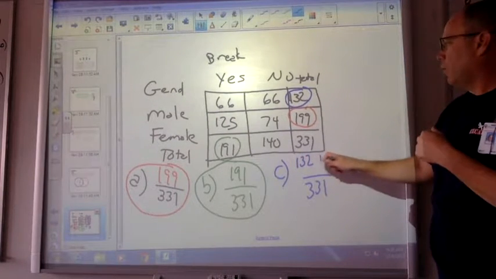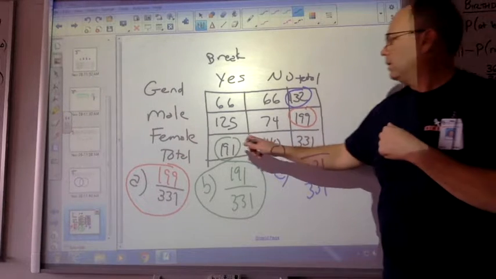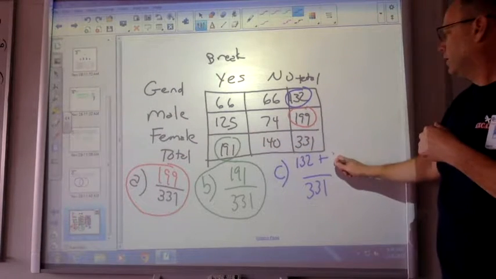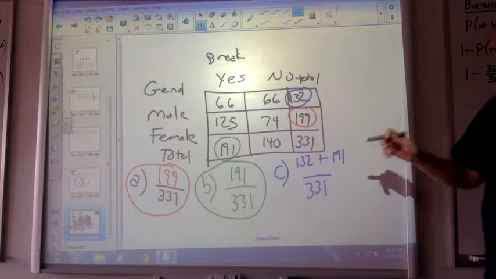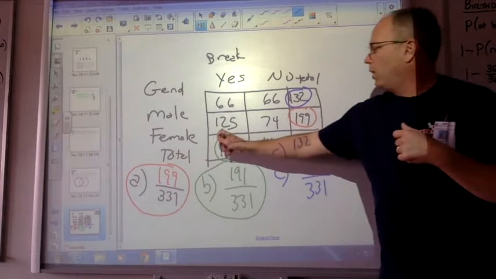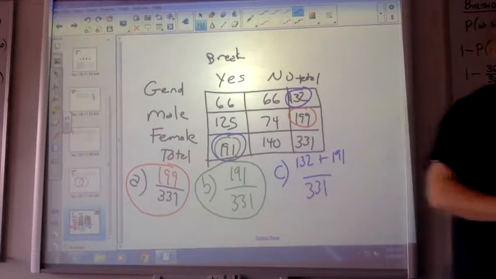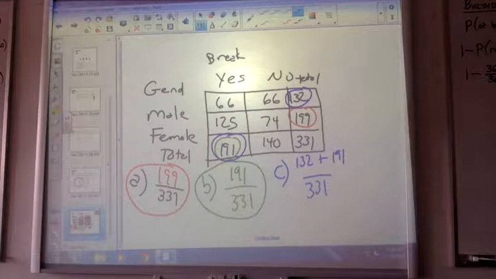Ate breakfast, 191. Which part do I have to subtract now? Bless you. It's shared between the two. Nope. We're going to keep the 191. We're going to keep the 132.